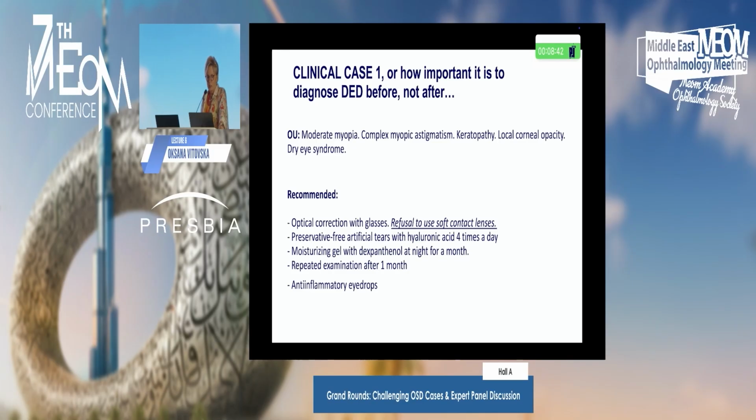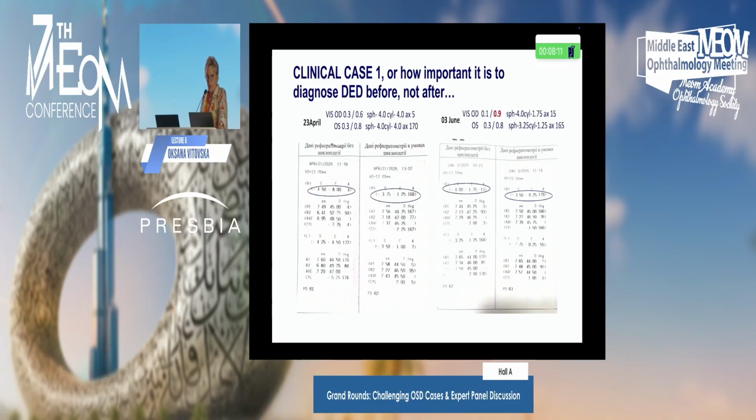They recommended optical correction with glasses and to stop using soft contact lenses, then preservative-free artificial tears with hyaluronic acid 4-6 times per day, a gel with dexpanthenol at night for a month, and also anti-inflammatory eye drops and repeated examination after 1 month. So we didn't even discuss the possibility of any cross-linking treatment or surgery.